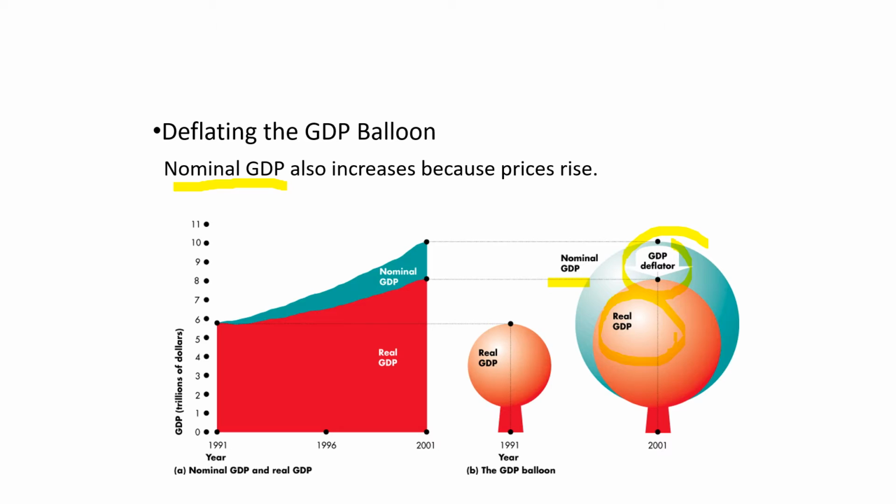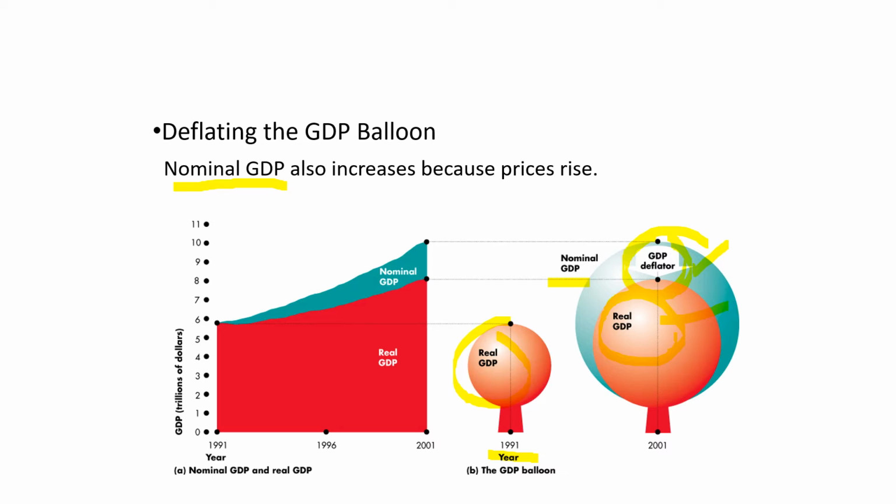Okay, the small red balloon in 1991 shows real GDP in that year, while the blue balloon shows the nominal GDP in 2001, and the red balloon for 2001 shows real GDP for that year. So this one shows the nominal GDP and the red balloon shows the real GDP.